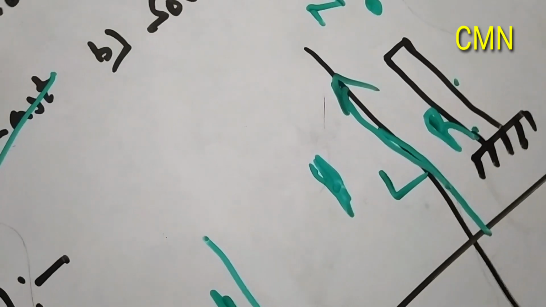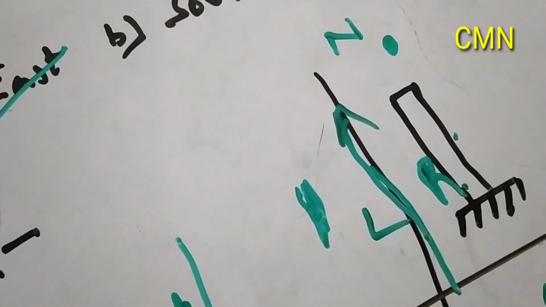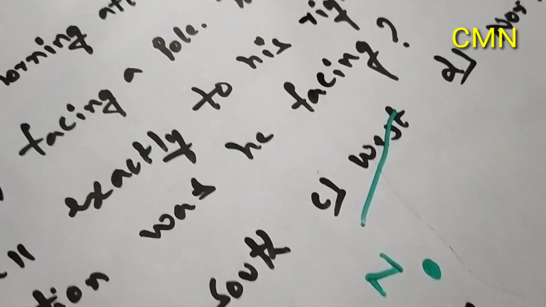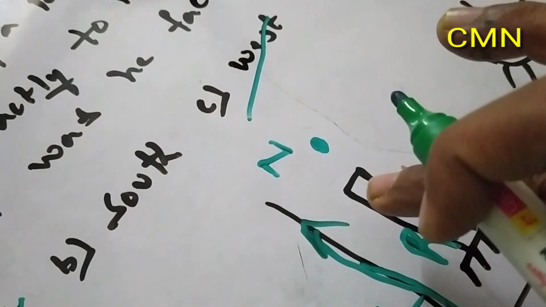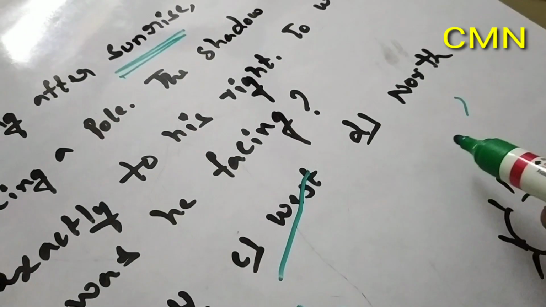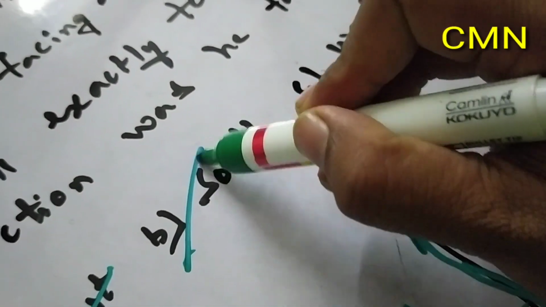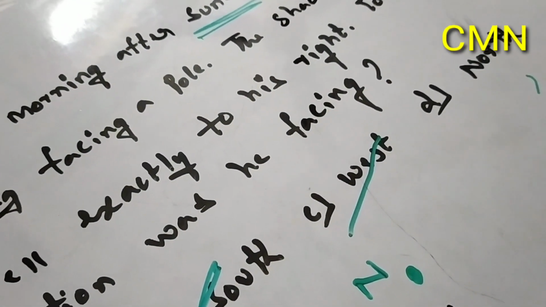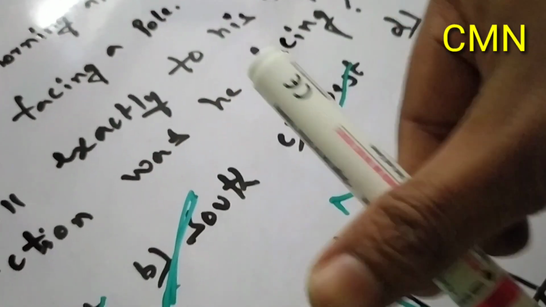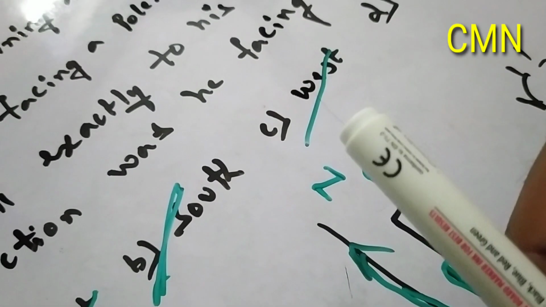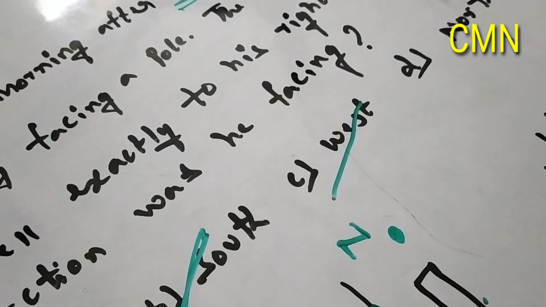Now you will see the shadow will be in his left direction. But it is clearly mentioned the shadow will be on his right. So this is not the correct way. He is facing the south direction. Option B is correct. Okay, are you understanding? The man is facing the south direction.